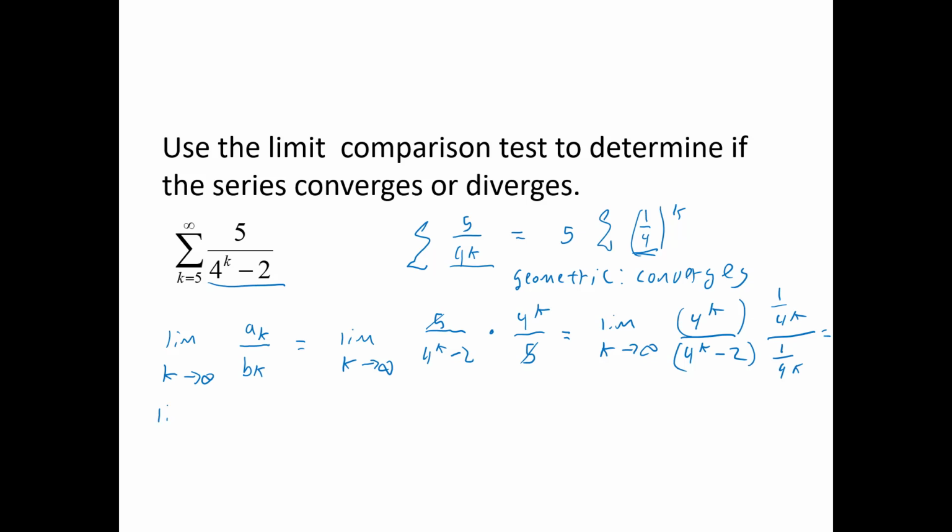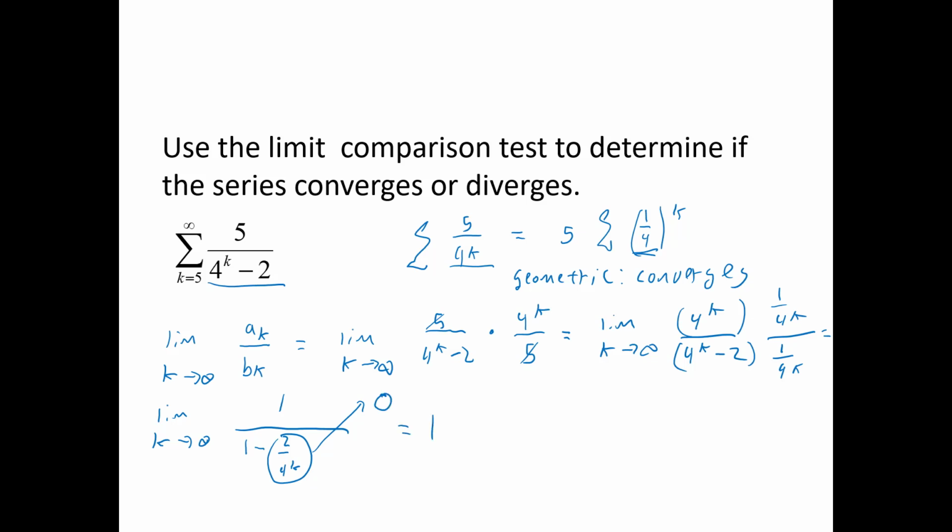And so then this will become the limit as k goes off to infinity of, on top we get 1, and then over here we get 1 minus 2 over 4 to the k. Now for this one, the top is staying fixed at 2 and the bottom is growing without bound, so that's 0. So this limit is 1.